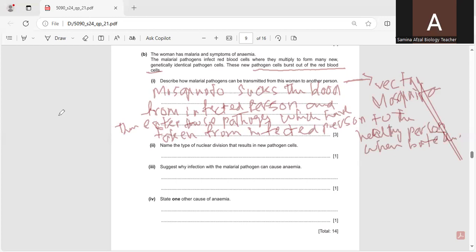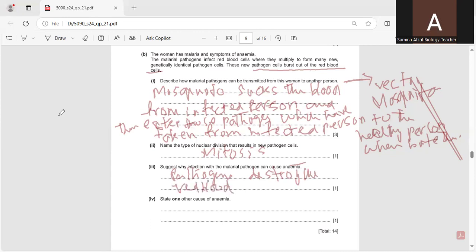Name the type of nuclear division that results in new pathogen cells, that is, which takes place in the body. This is mitosis. Suggest why infection with the malarial pathogen can cause anemia: because the pathogens destroy the red blood cells.